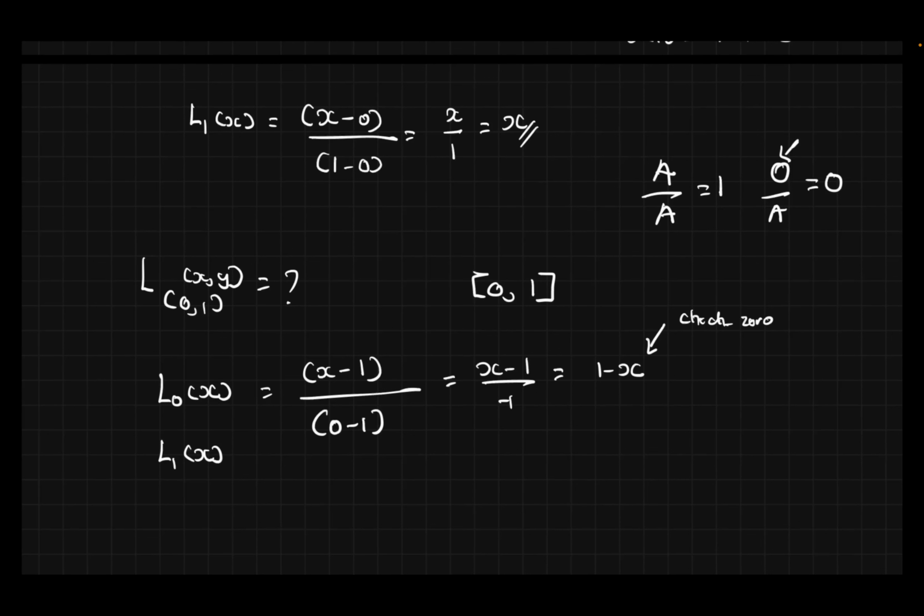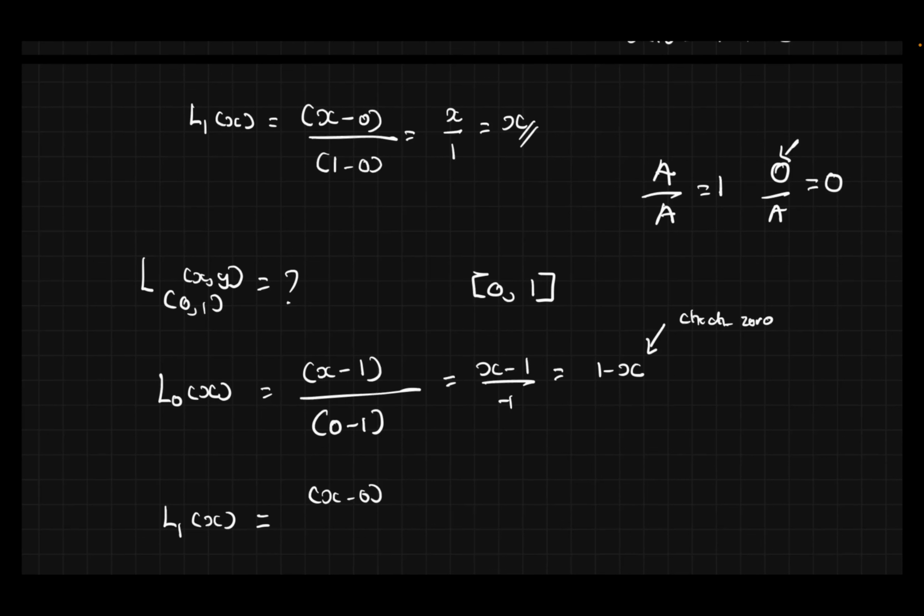Then we now do the same thing for L1, something that checks for 1. So if we're checking for 1, it means that if we see 0, we want it to be 0, right? So if we see 0, we want the top to be 0. That means the top has to turn to 0 when we see 0, and that's x minus 0.